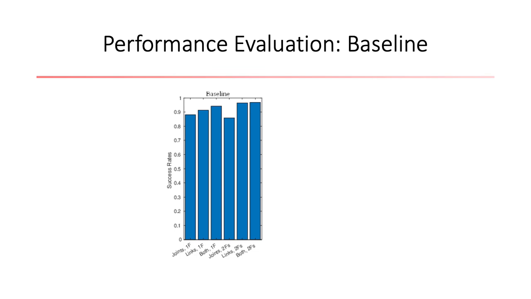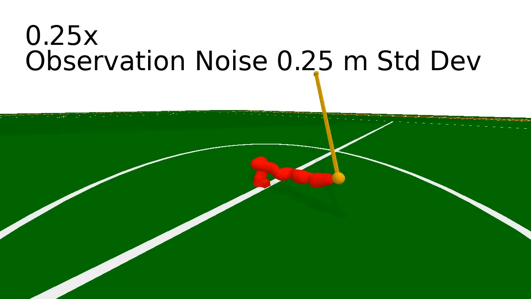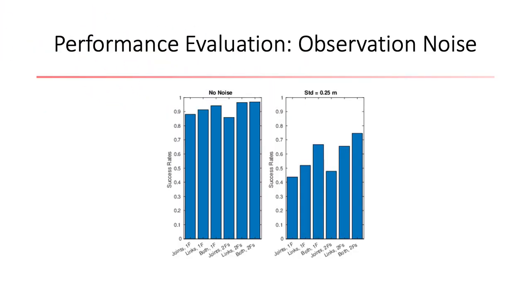We now consider the case where Gaussian noise is added to the projectile's observed position each time step, while leaving projectile dynamics unchanged. Combined type observations are especially resilient here. For links alone, two frames handles noise much better than one frame.